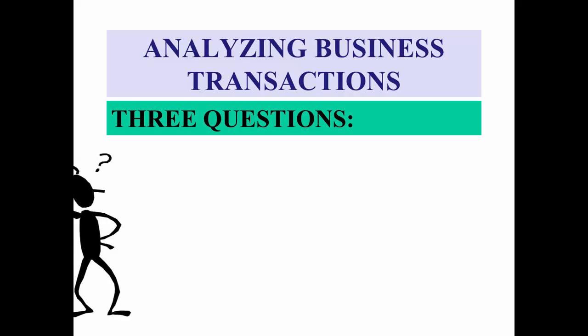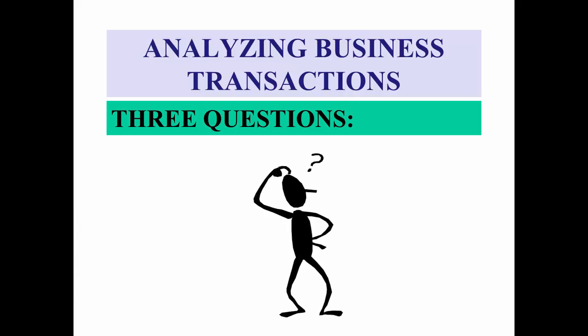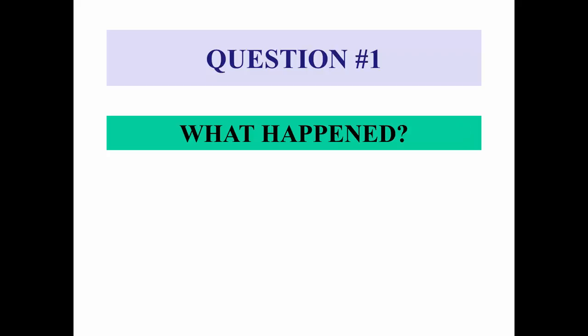To analyze a business transaction, once I've looked at the transaction and determined, yes, we're giving up something, we're receiving something, this is a business transaction, then I have to ask myself 3 questions. Question number 1, what happened?